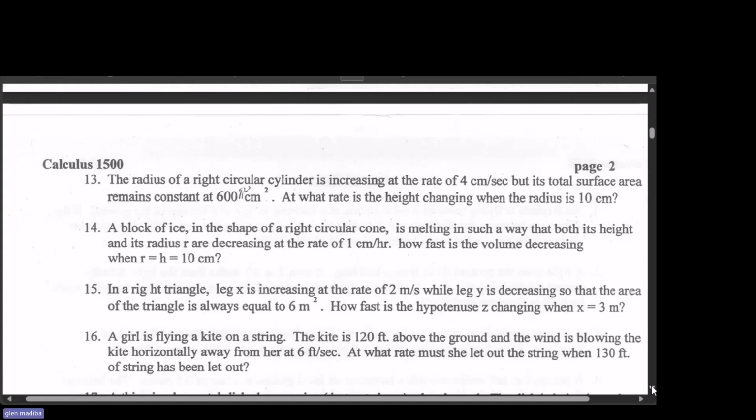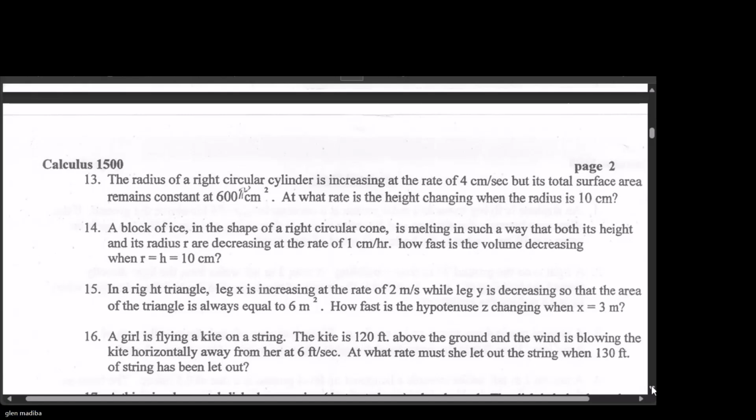Then with this information, you will be able to find dy over dt. Do we agree? Yes, sir. Okay, thank you.